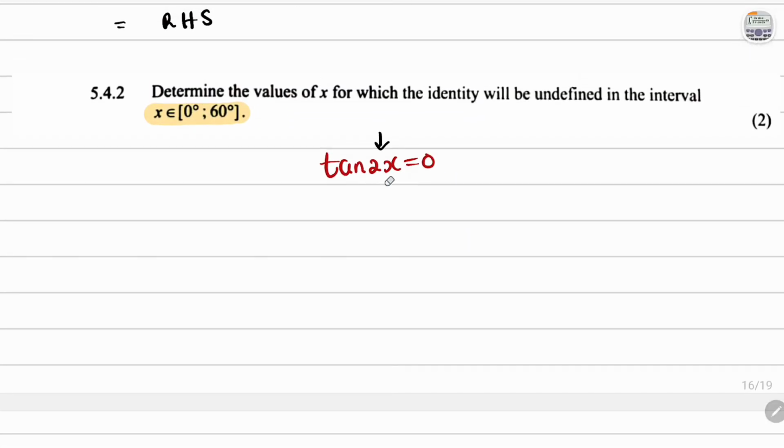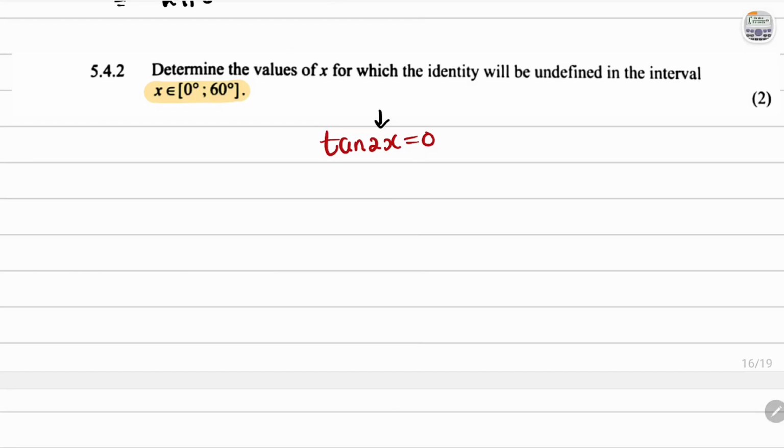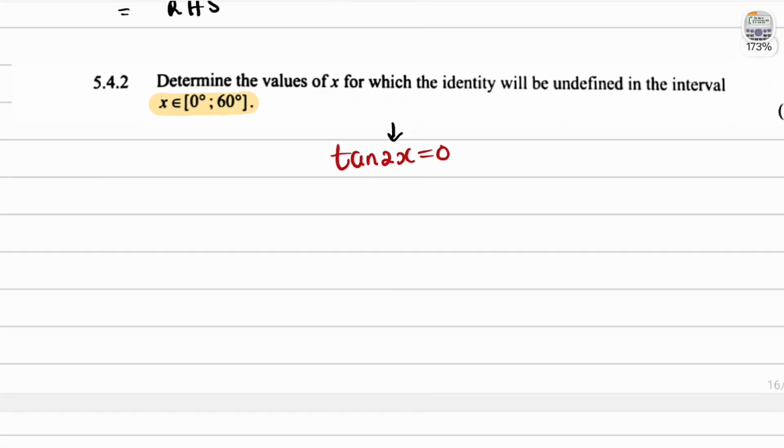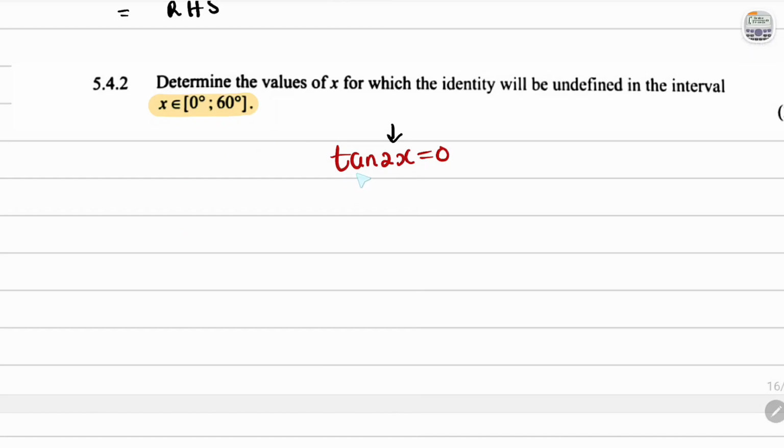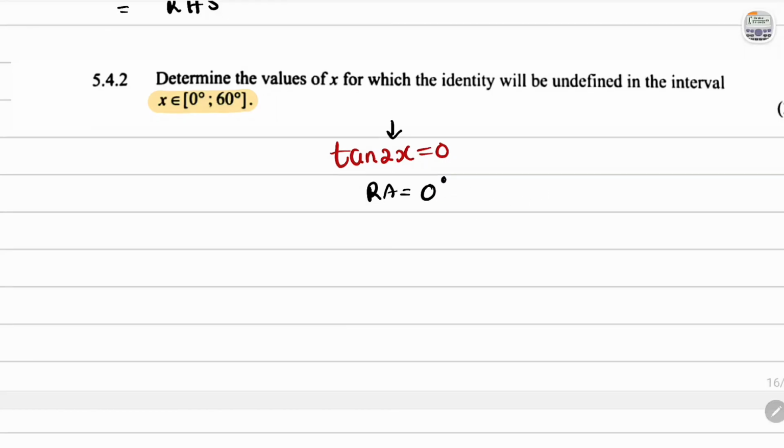Okay, so we're going to work on this. We just need to make tan of 2x equal to 0. So tan 2x being equal to 0, let's solve. Just like we worked on that other one, we're going to find the reference angle. So the reference angle is equal to shift tan of 0, of course you won't include this, it's not necessary. Now tan 0 is still 0 degrees, doesn't really change.